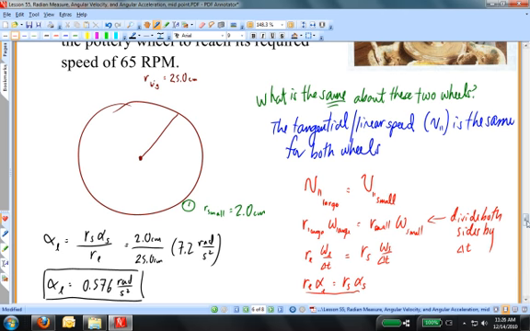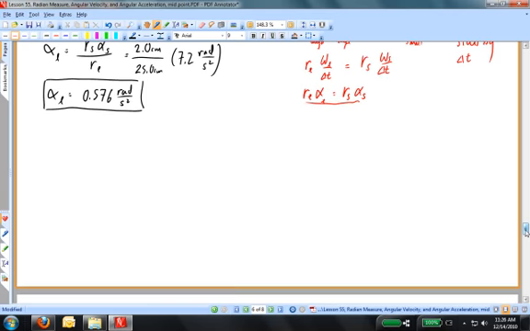That's part A. Now let's go on to part B. We're trying to find out the time it takes for the pottery wheel to reach its required speed of 65 revolutions per minute. That 65 RPM is essentially an angular speed.